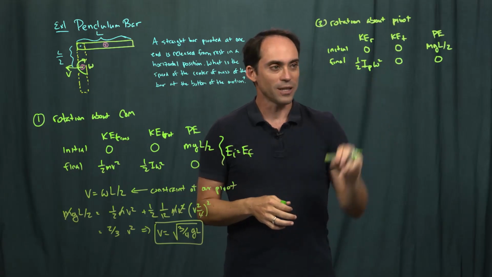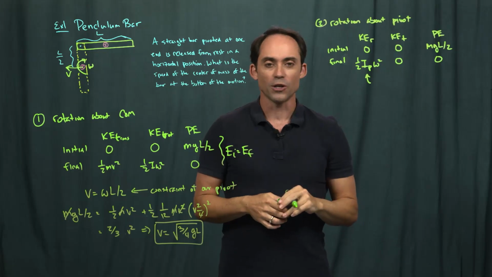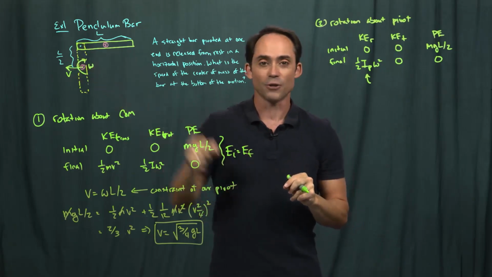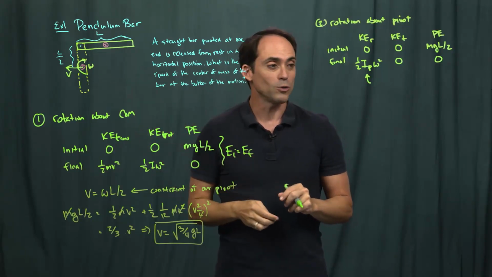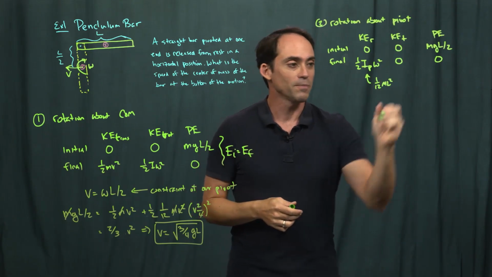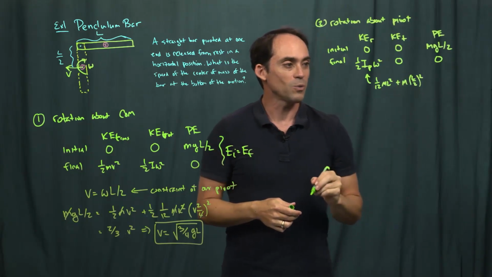Well, let's take a look at this more clearly. Remember that the pivot point moment of inertia is going to be the center of mass moment of inertia plus the offset I have to go from the center of mass to the pivot, which is just L/2. So this is equal to 1/12 times mL squared, which is the center of mass moment of inertia, plus m times (L/2) quantity squared.